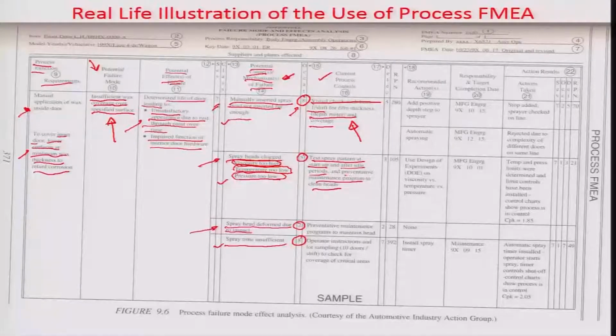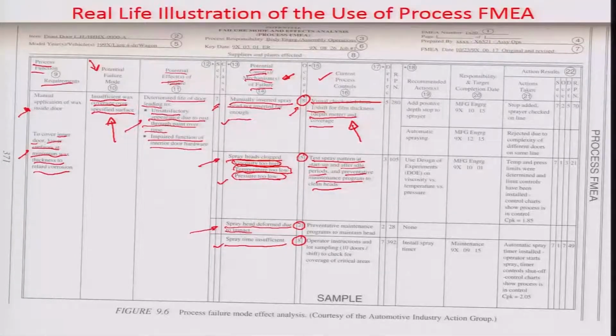So the best idea is to check, at every shift end or every shift beginning, whether the dispenser is properly dispensing by spraying a pattern and seeing how much of that is being covered. So that's one preventive maintenance step that is there for the current process control.